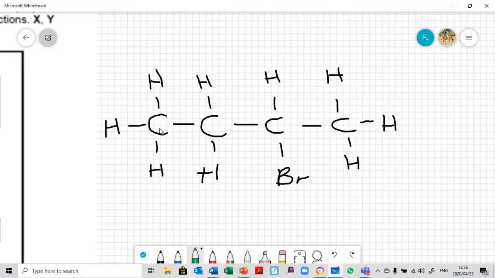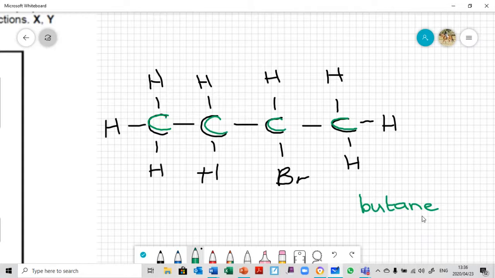Luckily, this one's short. 1, 2, 3, and 4. So when we're working with 4 carbons, it's but something. There's only single bonds, which means I can say this is butane.